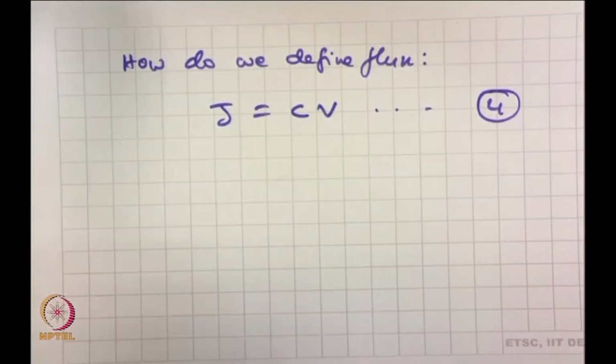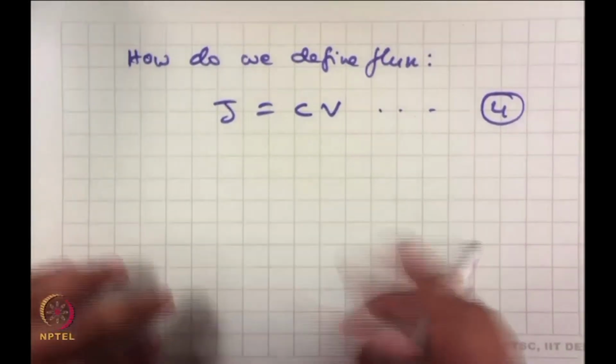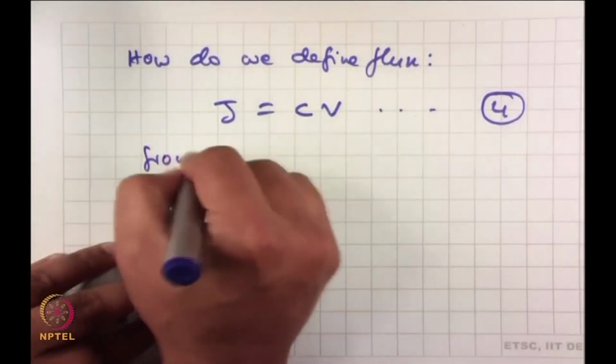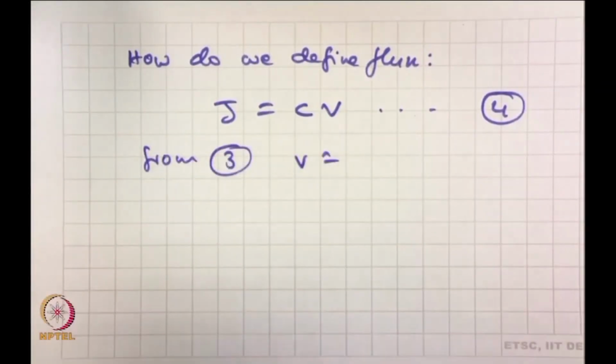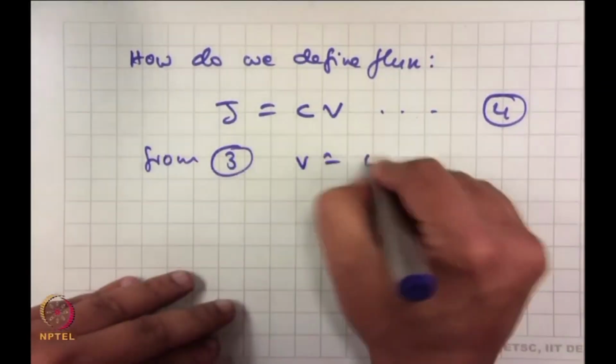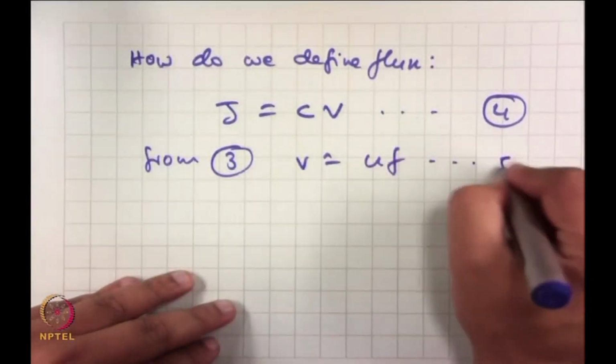Remember, we are finally going to relate flux to your potential gradient, or electrochemical gradient. If it is C times V, now from equation 3, what is V equal to? Good, it is u times F, so this is 5.